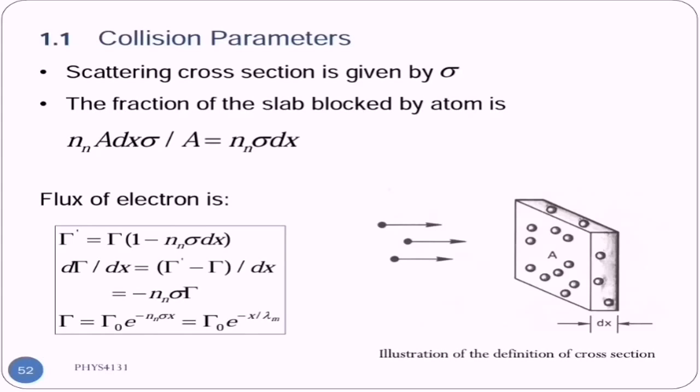In a distance lambda m, the flux would be decreased to 1 over e of its initial value. फ्लक्स हमारे पास डिक्रीज़ करेगा 1 ओवर ई टाइम्स ऑफ इट्स इनिशियल वैल्यू. यहाँ से हम वैल्यू फाइंड कर सकते हैं मीन फ्री पाथ की.